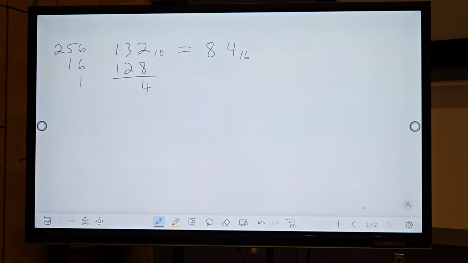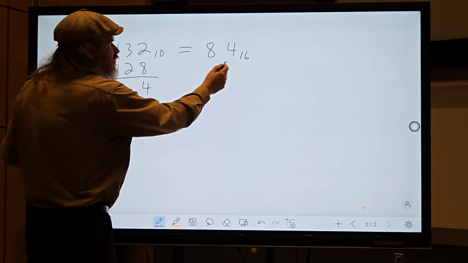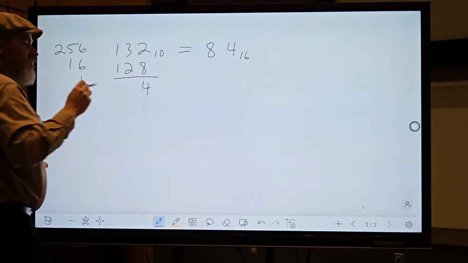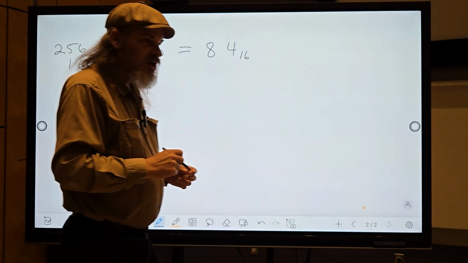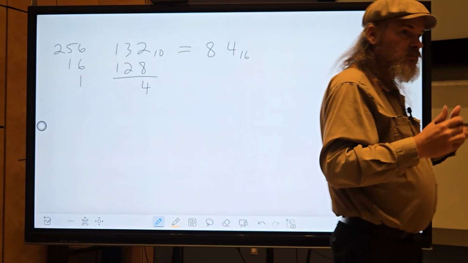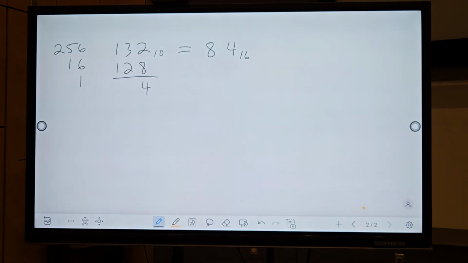But you can represent much larger numbers with fewer digits using hexadecimal. That's why it is used in programming and such, because of a 64-bit number, like what you would have in the computer for addressing memory.